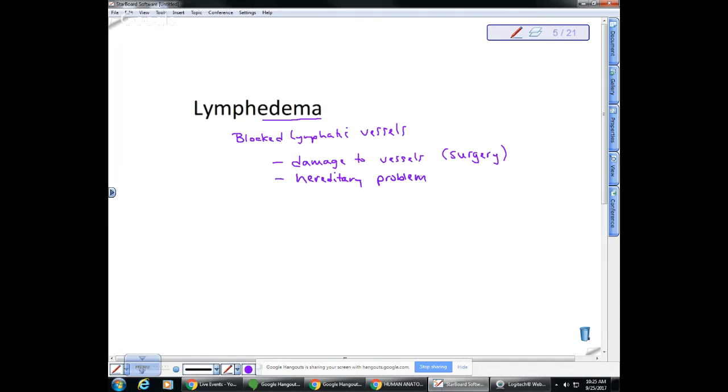In children, you see that really early on. And then it can also be due to obesity. Oftentimes with obesity, you get pressure on the lymphatic vessels, and so it's much harder for the lymphatic vessels to move.